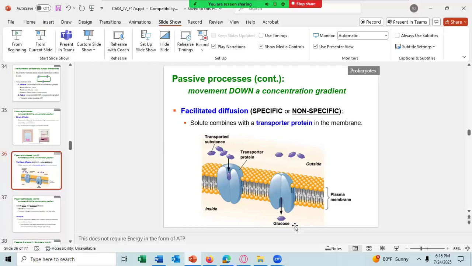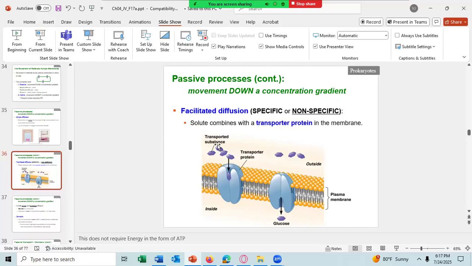This is saying glucose, but glucose isn't a good example. A better example is fructose. The only way fructose moves into your cells is by facilitated diffusion. Like when you're eating a bunch of fruit, in your gut you'll have a lot of fructose.